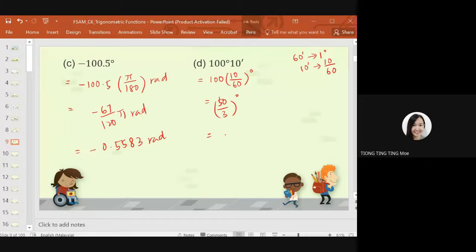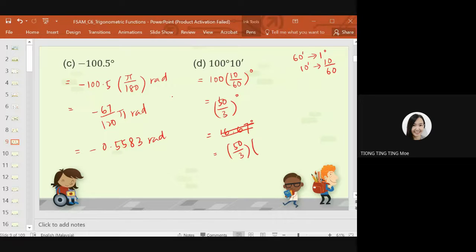Change to decimal: 16.67 degree. Or no need to do this, because if you do this it's not exact. Keep it in fraction form.